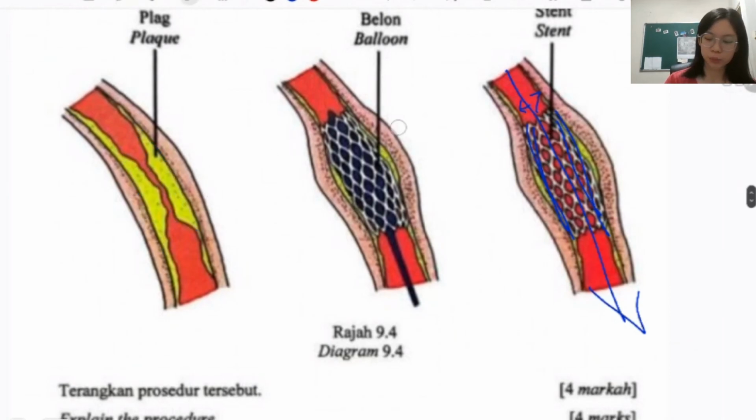Since it's so hard to insert this rigid wire shape here, you may even damage the blood vessel.